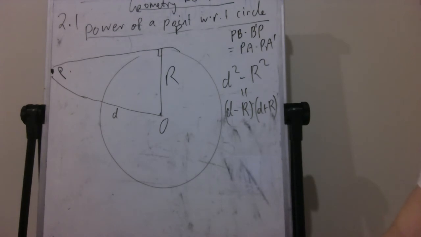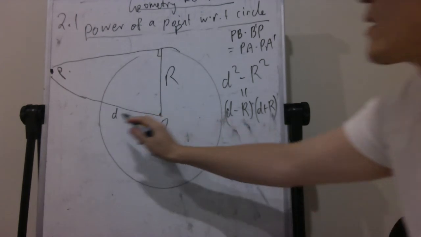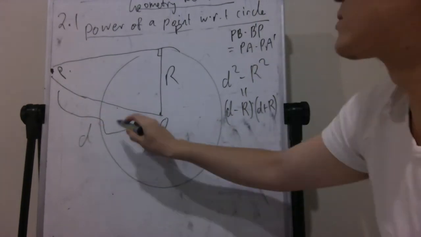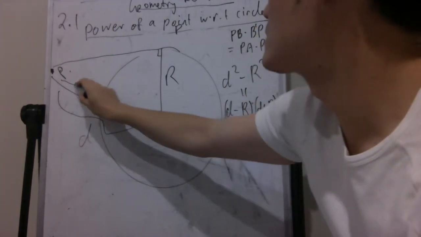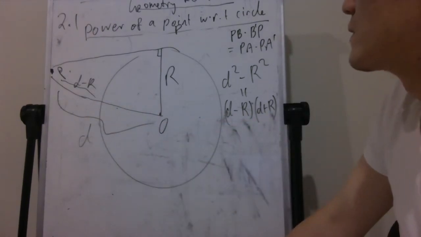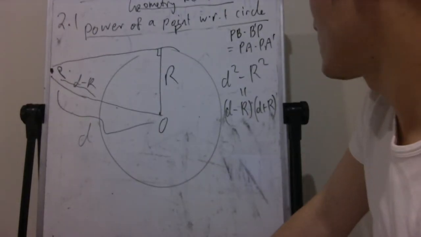So this is D minus R times D plus R, right? D is the distance to the center, so D minus R is this bit. And D plus R is them added. It's the case when it's tangent.